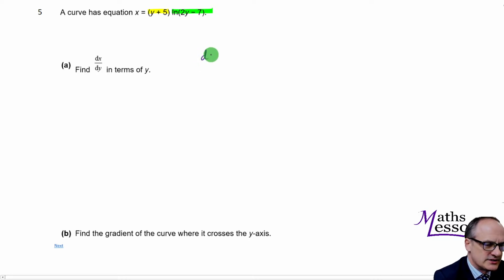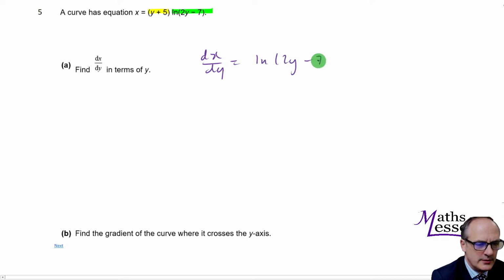So dx by dy will equal the derivative of that with respect to y, which is just 1. Y goes to 1, the 5 goes to 0. So we're just left with 1 times the natural log of 2y minus 7. Add on to that the derivative of this using our product rule.